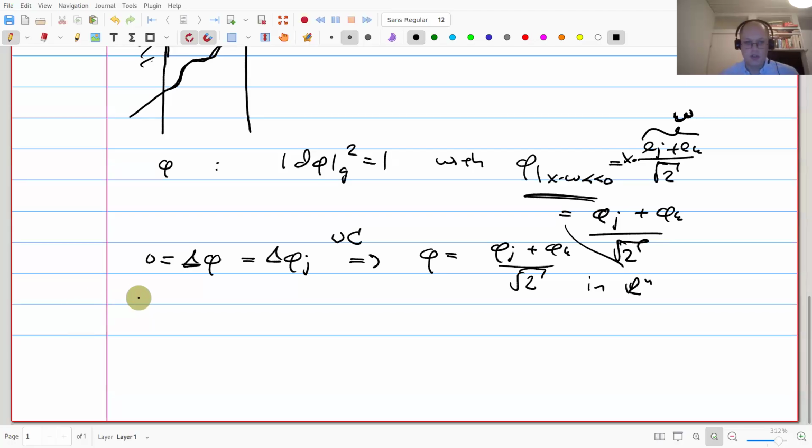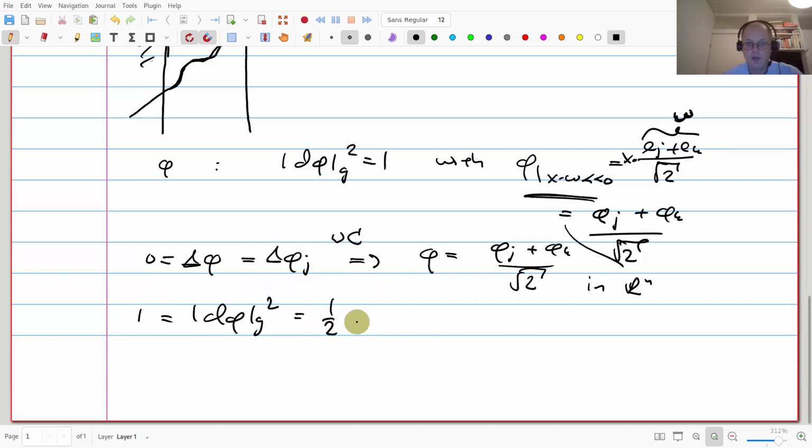And then, to see that the derivatives of these phi j's are orthogonal in g, we can just compute. So now we use the fact that the eikonal equation holds. So this first of all is an eikonal solution, and then I just use this equation here. So I expand.